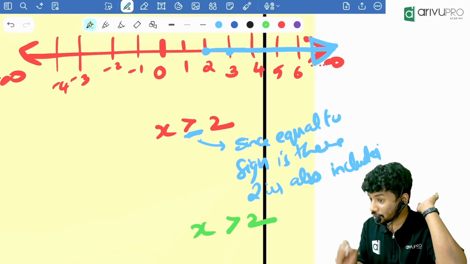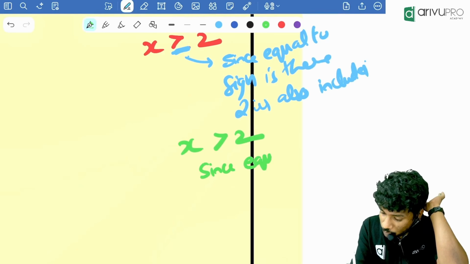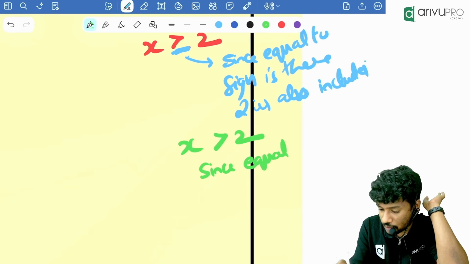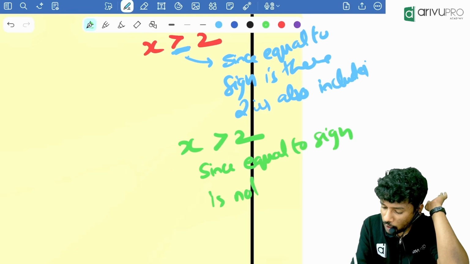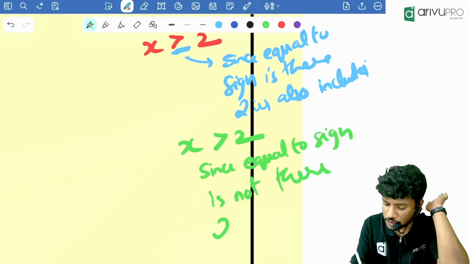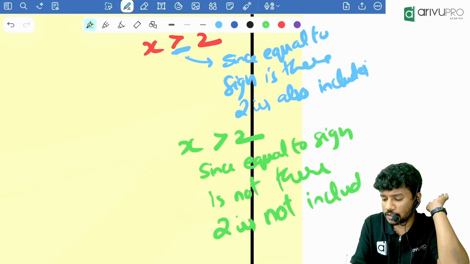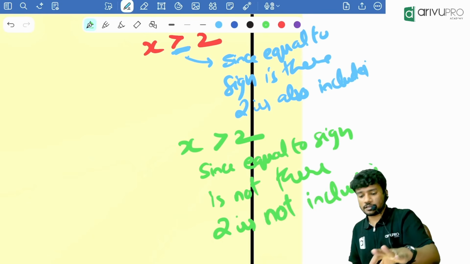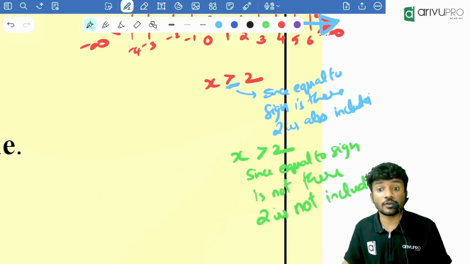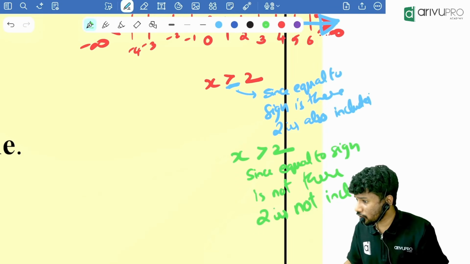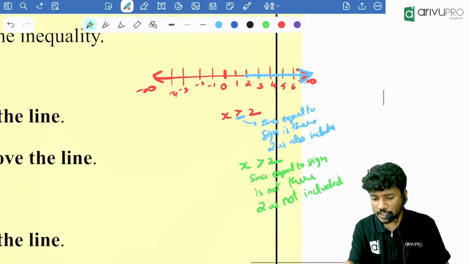Since the equal to sign is not there, 2 is not included. Okay, that is another thing. I hope that you know this, and if you don't know right now, you are getting it. Everyone got this? If you are not getting it, tell me. Next question I will ask.